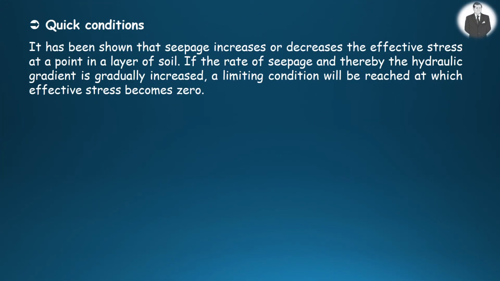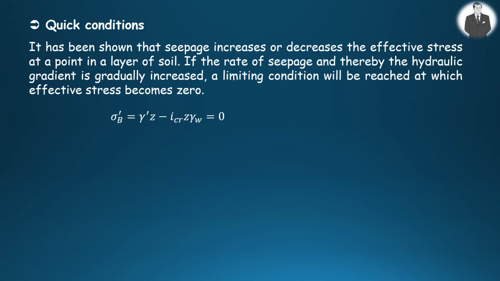It has been presented that seepage increases or decreases the effective stress at any point in a soil layer. If the rate of seepage, and thus the hydraulic gradient, is progressively increased, a limiting condition will be attained where effective stress becomes zero.